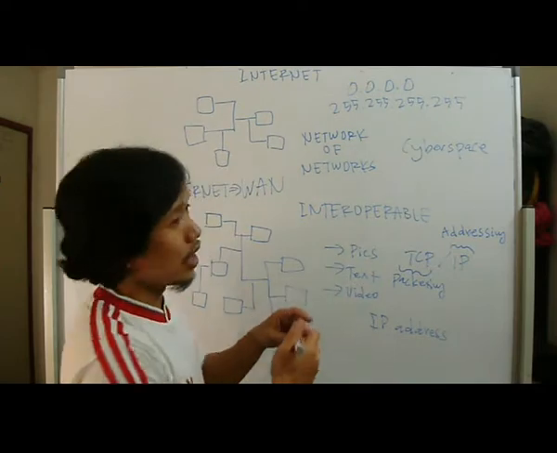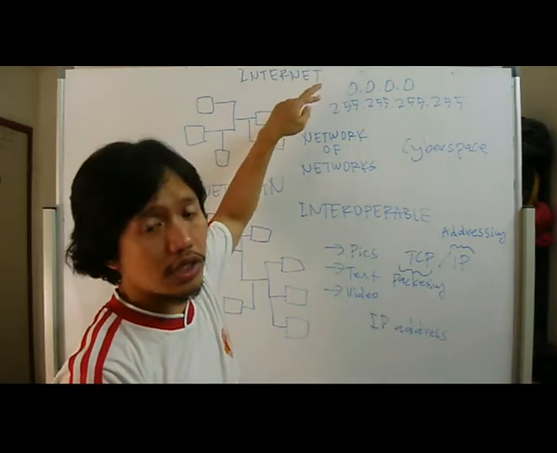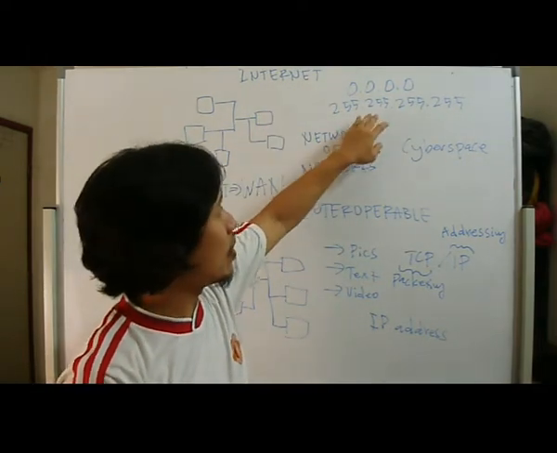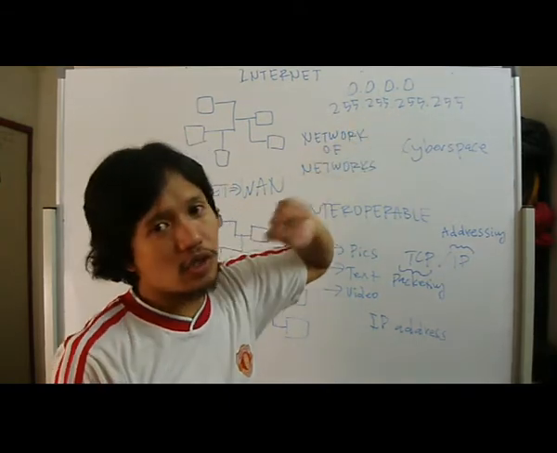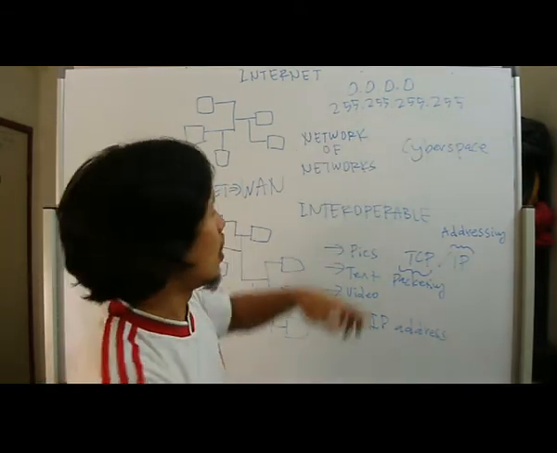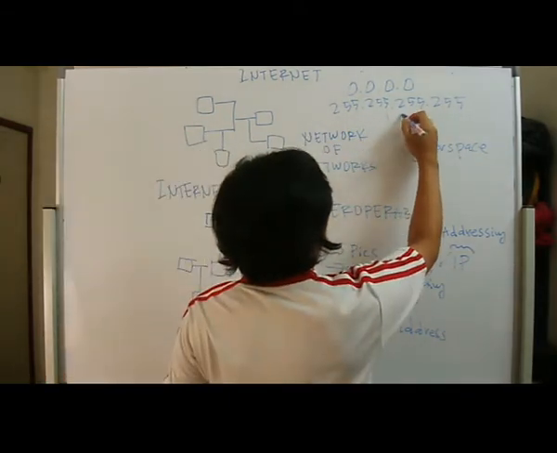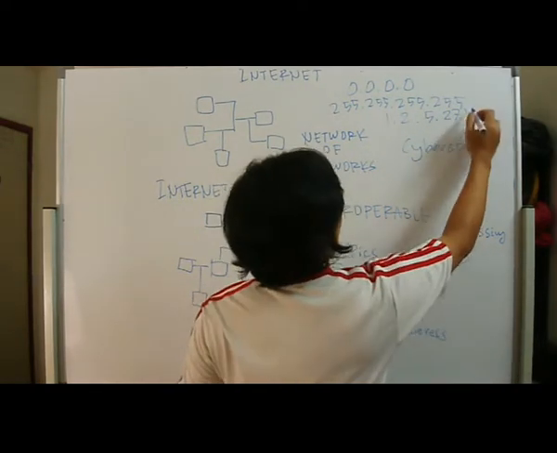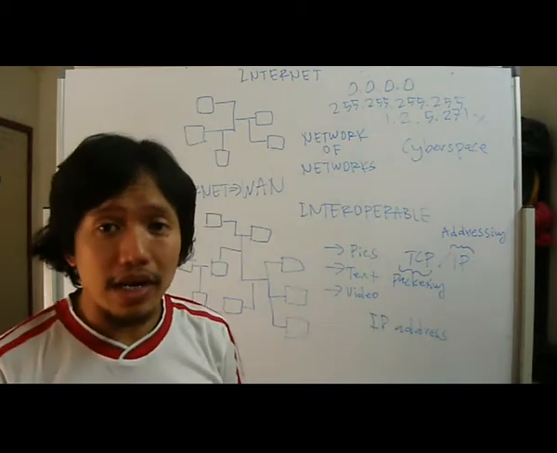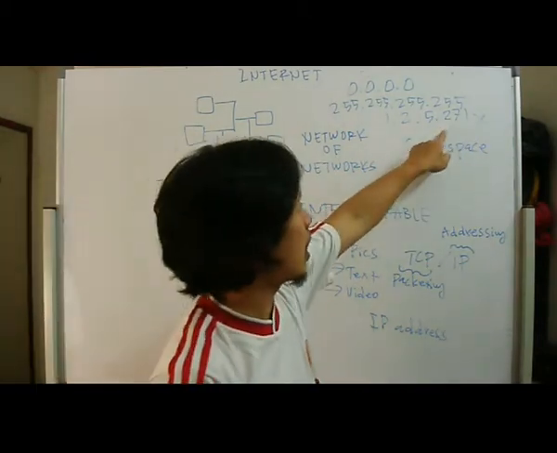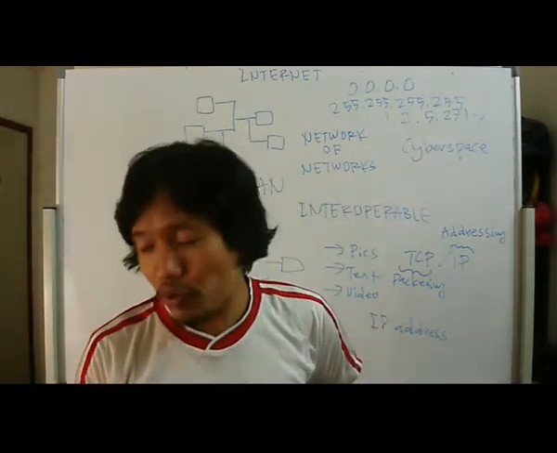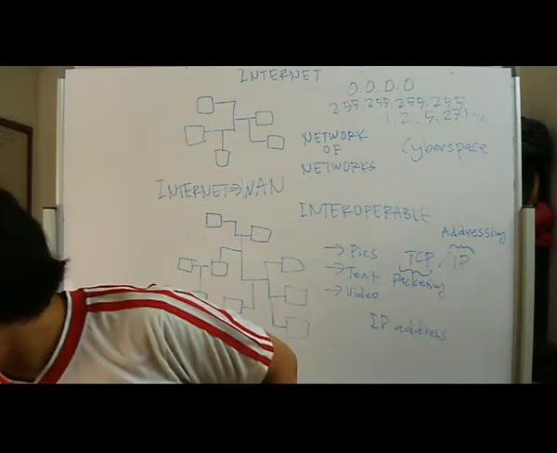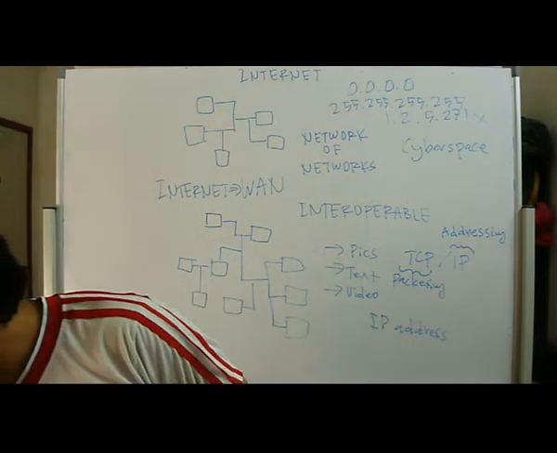If you have a number larger than 255, then it's not valid. For example, let's say I give this IP address 1.2.5.271. This is not a valid IP address because one of the numbers exceeded 255. So it must be within the range of 0 until 255.